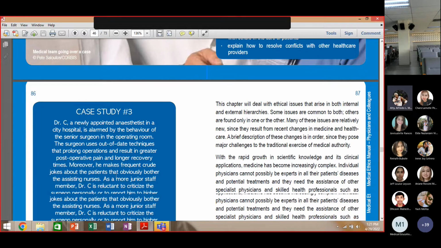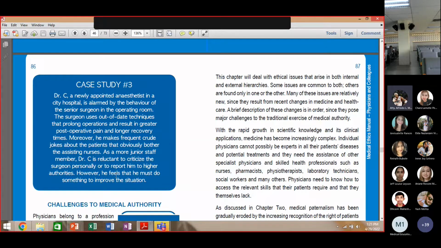Before we begin our formal discussion, I will present to you a case study which we will answer at the end of the lesson. So this is the scenario. Case study number 3. Dr. C, a newly appointed anesthetist in a city hospital, is alarmed by the behavior of the senior surgeon in the operating room.